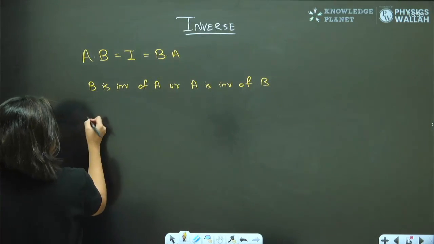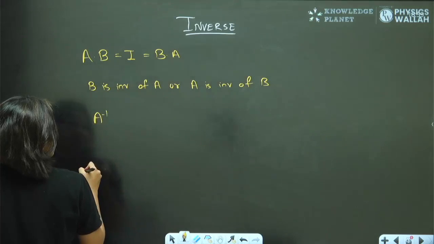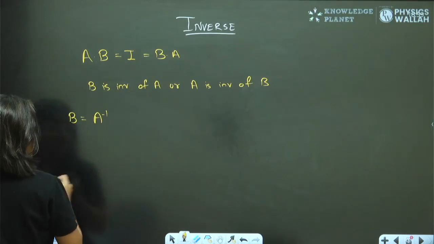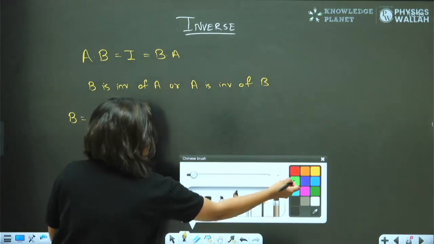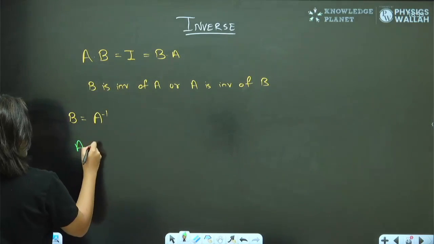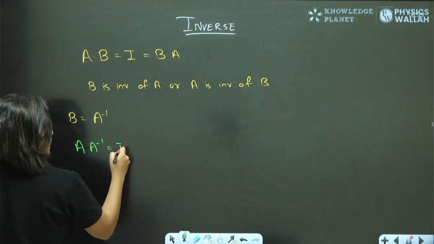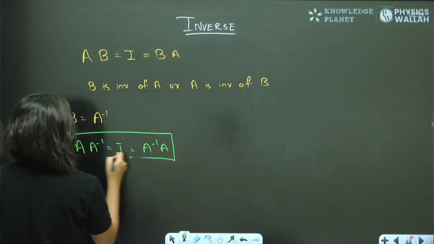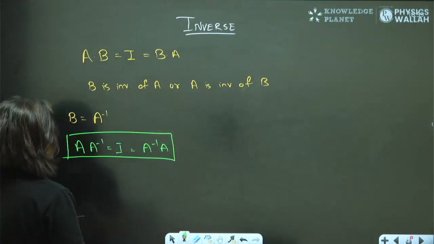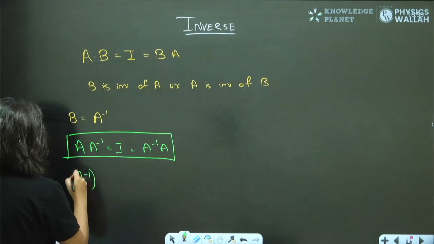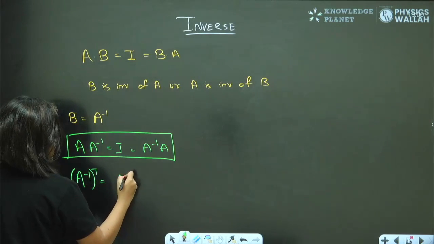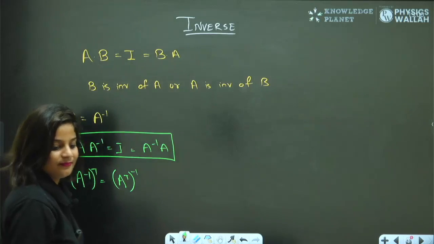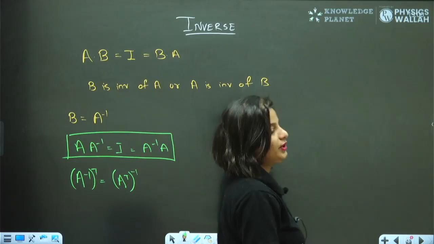In other words, inverse is written like this. The inverse of A can also be written like this. B equal to A inverse. Some things related to inverse. A into A inverse will be I. Or A inverse into A will also be equal to I. A inverse, the whole transpose is same as A transpose, the whole inverse.